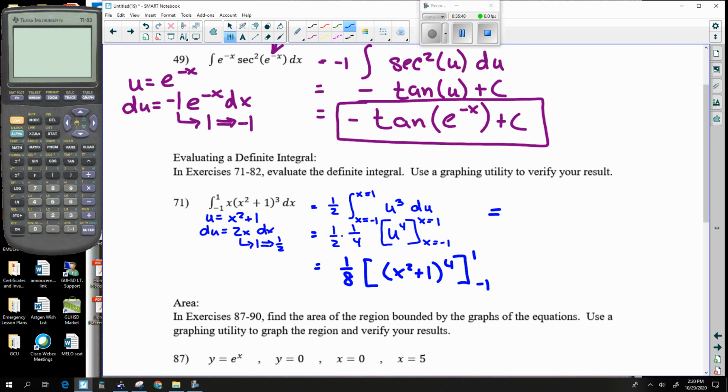And then you can go ahead and plug and chug into that. So 1 in for x would be x squared plus 1 to the 4th. So that would be 1/8 times 16 minus negative 1 going in, again x squared plus 1 to the 4th, 16. That's equal to 0.